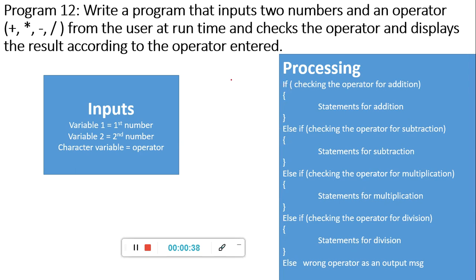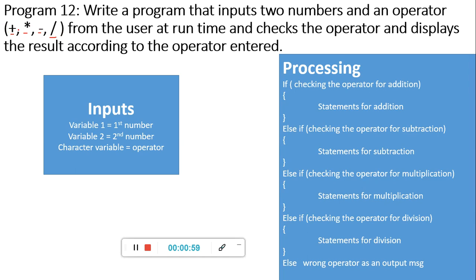So for that purpose I have a question: write a program that inputs two numbers and an operator. Plus, star, minus and front slash are included. This option is given in the question.